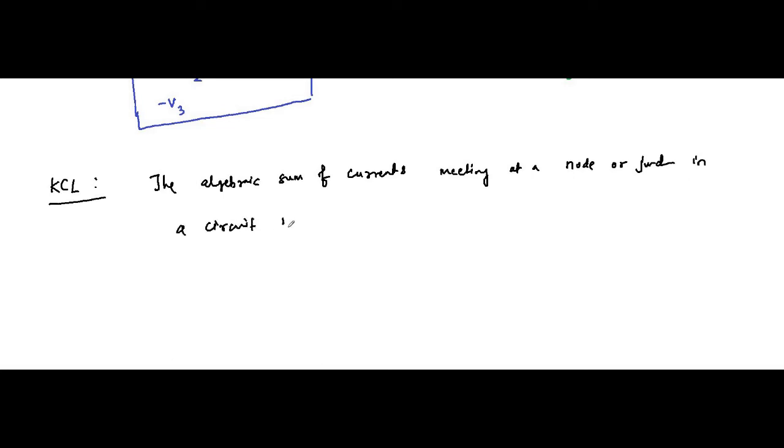So according to KCL, let us say we have a point, let's call it O. There are certain currents flowing in and out of it.